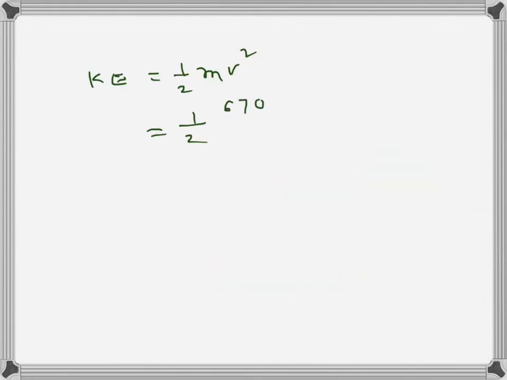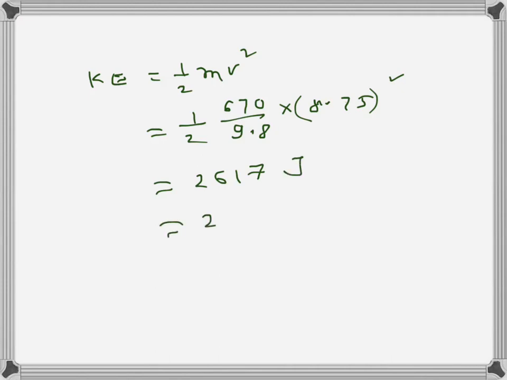So weight divided by 9.8, weight divided by g is the mass, and times 8.75 squared, which is 2617 approximately joules. We can write 2.6 kilojoules. So that's the kinetic energy.